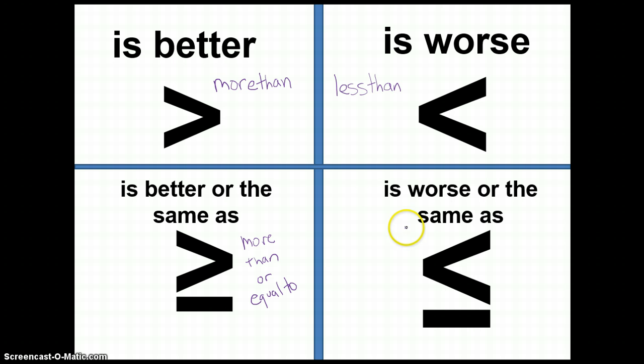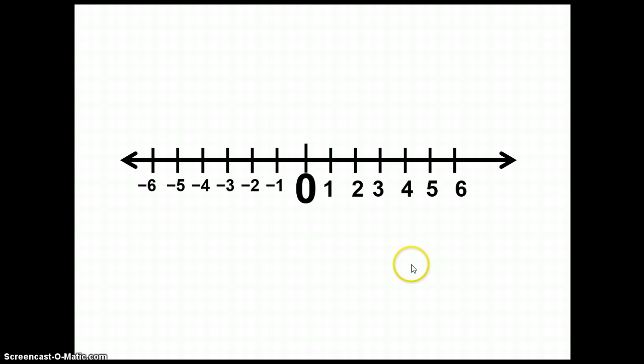And of course, is worse or the same as could be seen as less than or equal to. But a lot of students that I have taught in the past feel like this is a better grasp of the inequality symbols when they're comparing negatives and positives. So let's practice, shall we?